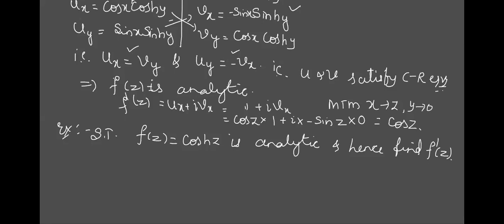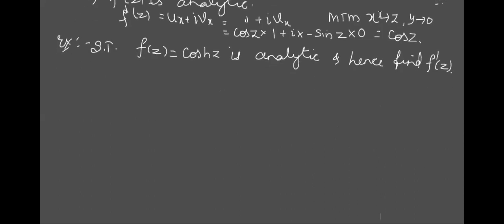Then z has to be written as x plus iy. So it converts to the form cos a plus b, or a minus b, whatever it is after simplification.